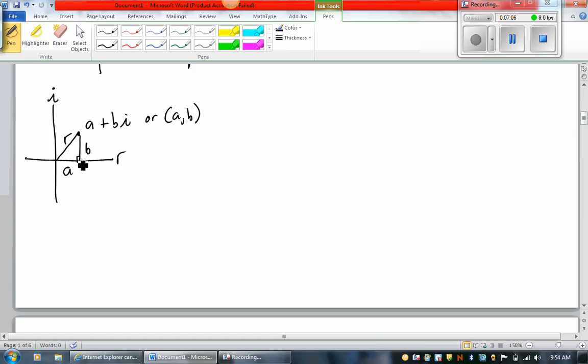So we have a right triangle, and we can use trig. Notice that the cosine of this angle theta equals a over r.